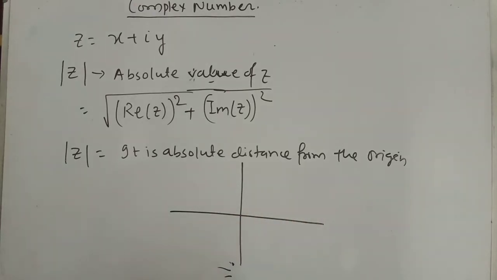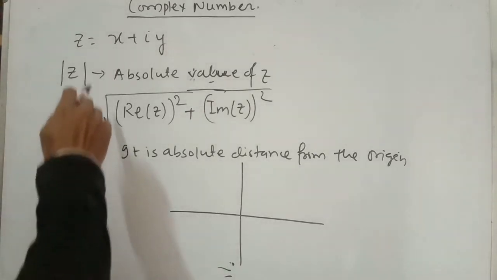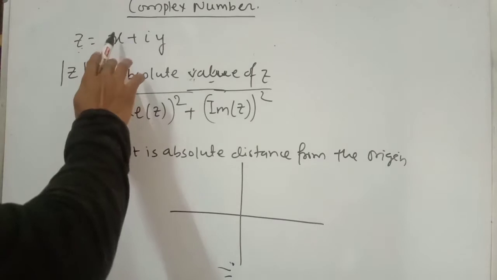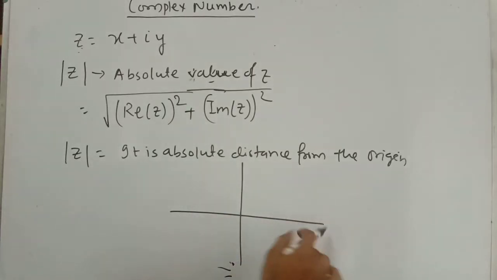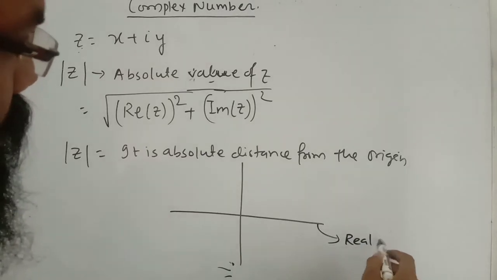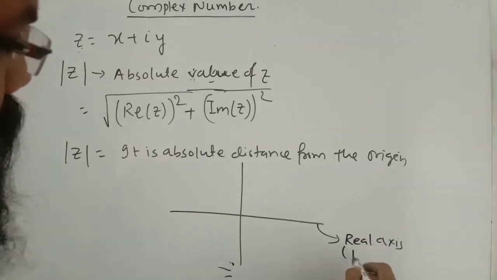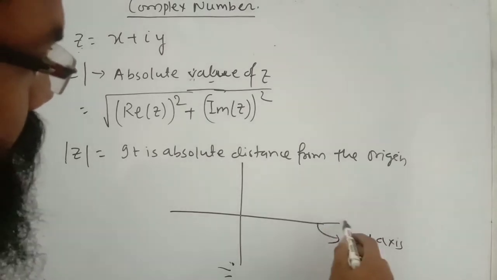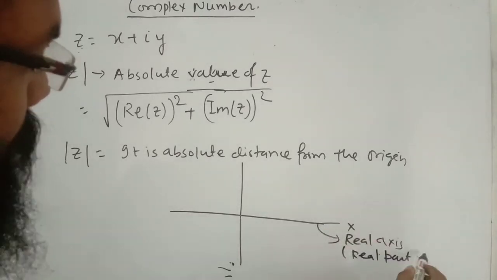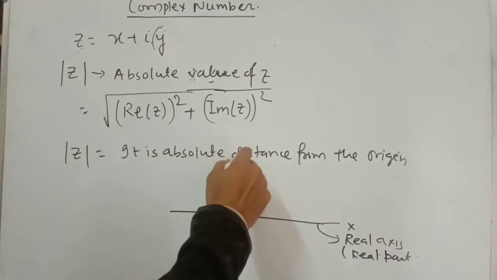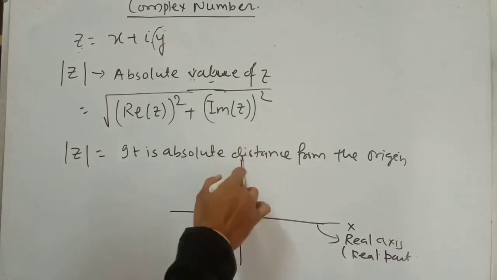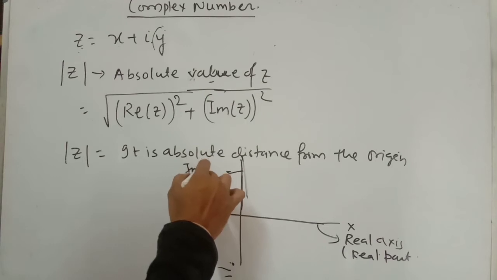Some of the Argand plane was already discussed in the previous lecture, but still I am going to tell you. A complex number z is a combination of a real part and an imaginary part. The real part is considered on the x axis, so this is called the real axis. Similarly, the y axis is the imaginary axis, where we consider the imaginary part of the complex number.